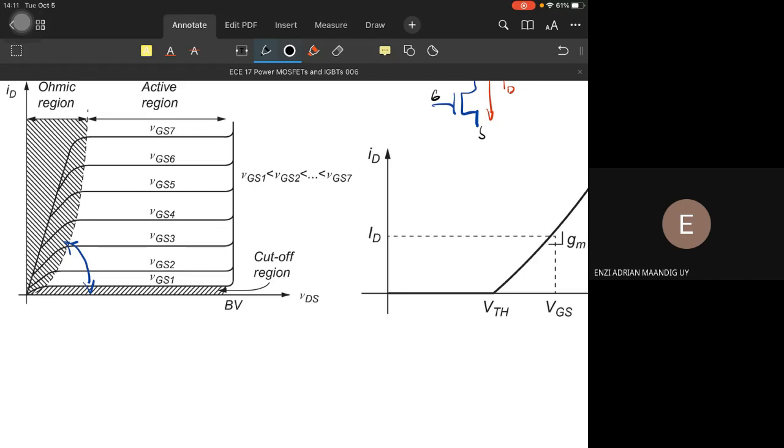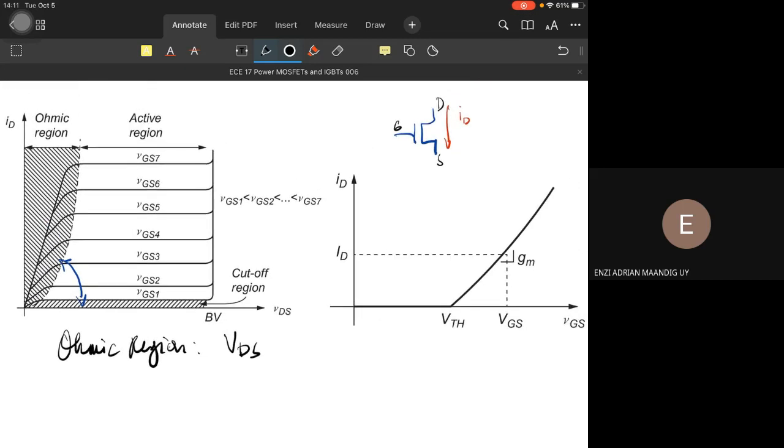For the ohmic region, it is when VDS, the voltage across drain and source, is less than VGS minus VTH.